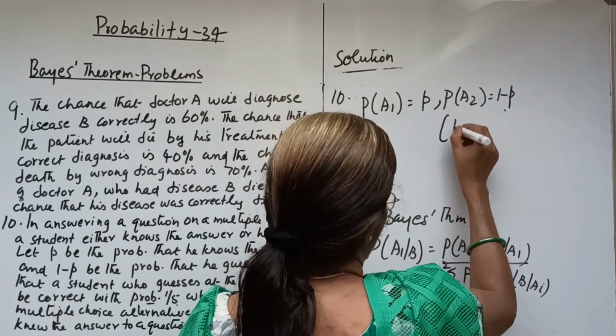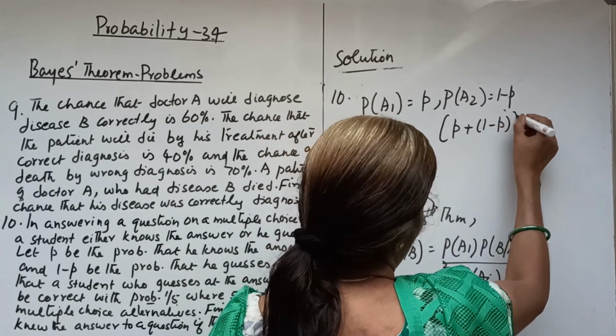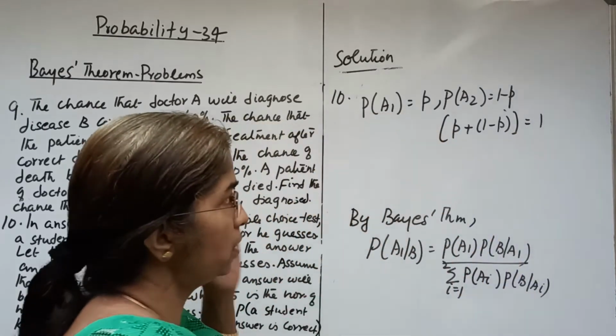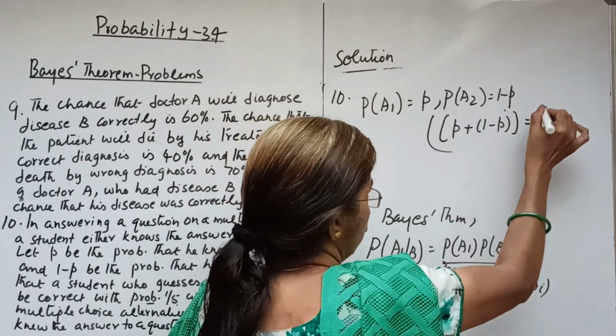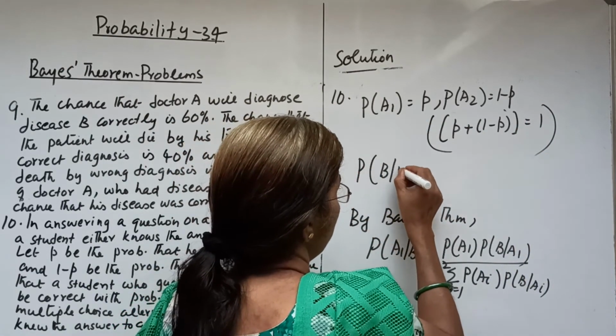This is a check condition: the sum of P of Ai equals 1. Now we want P of B given A1.